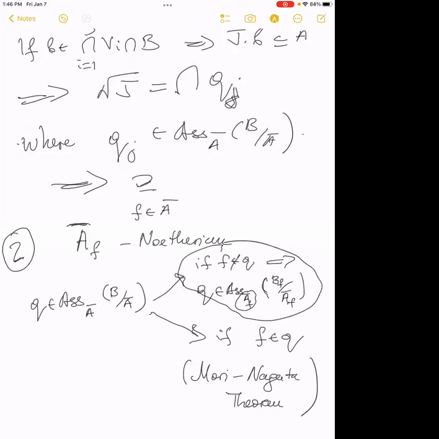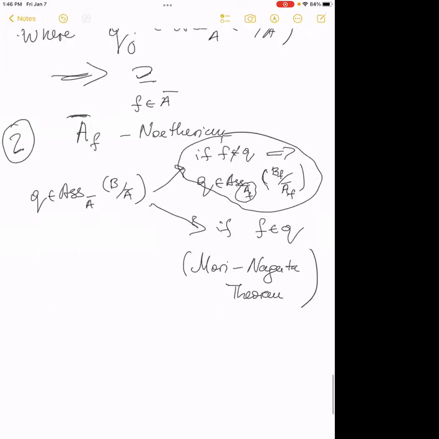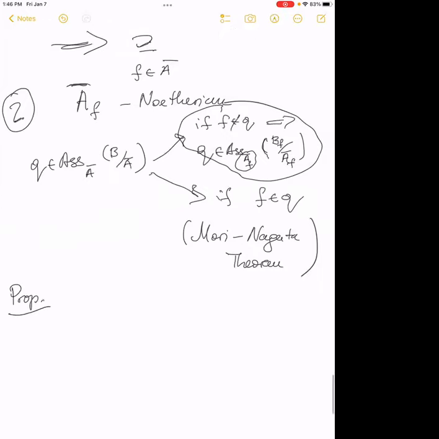So how do we prove this? The main ingredient here is the following statement. We reduce this finiteness to the following proposition.